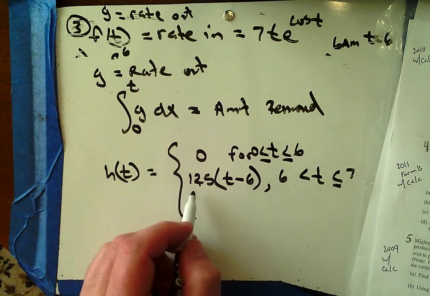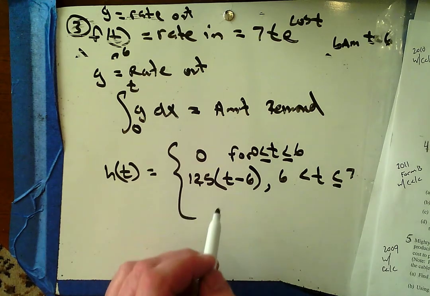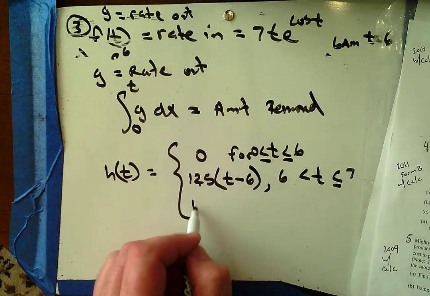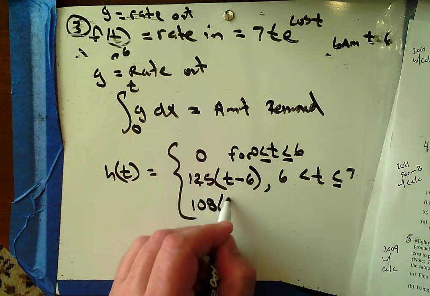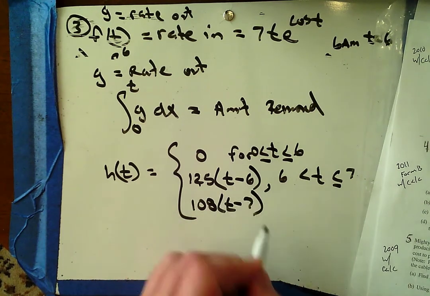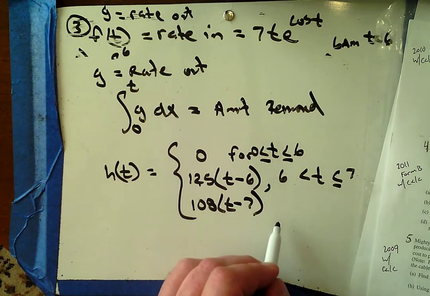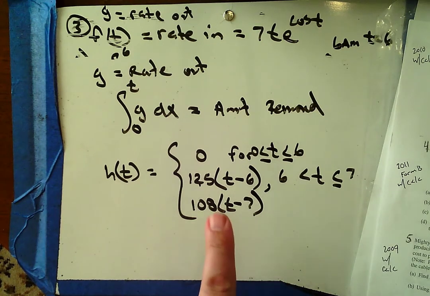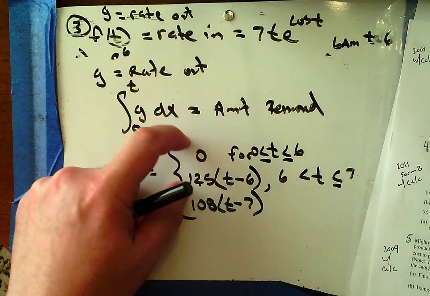And then we want to do this third piece, and I'm tempted to say 108 times t minus 7. However, I need to include in this amount the stuff that's already been shoveled.